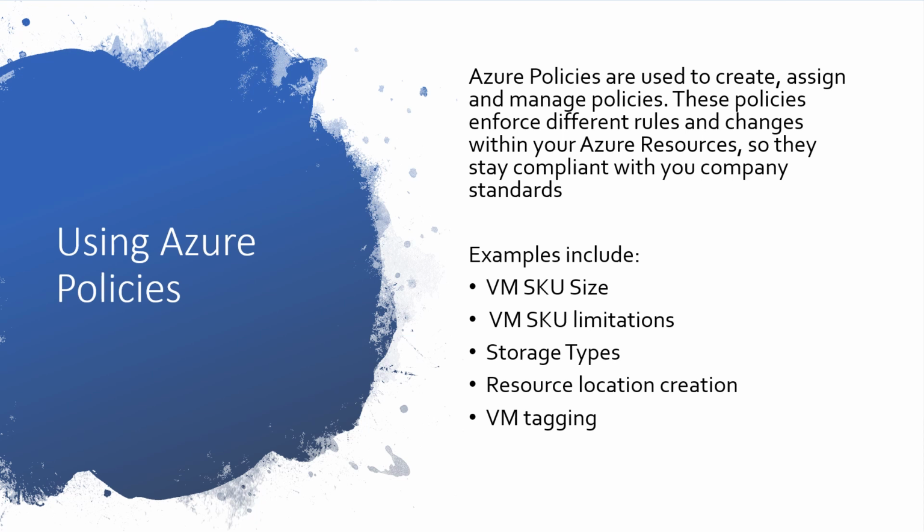You can have restrictions in place for that. Storage types. Maybe the storage types in development can only be LRS rather than GRS. And also with policies, you can restrict where the resources can be deployed, what regions they can be deployed in.